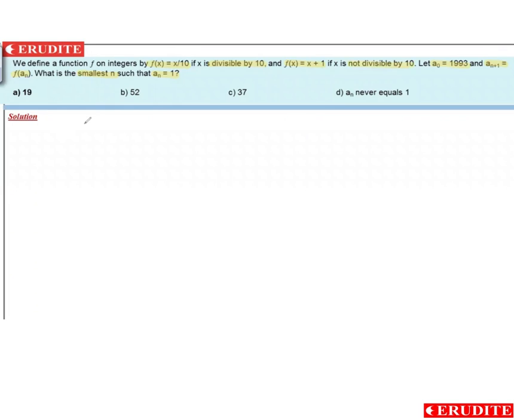Okay, so it is given that f(x) is equal to x by 10 when x is divisible by 10, else it would be x plus 1 when x is not divisible by 10, right?